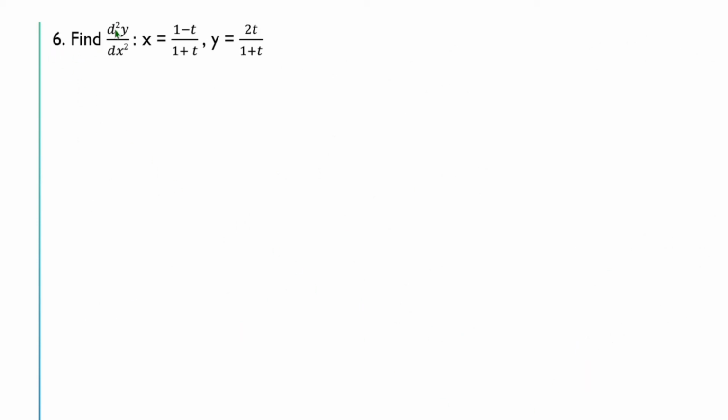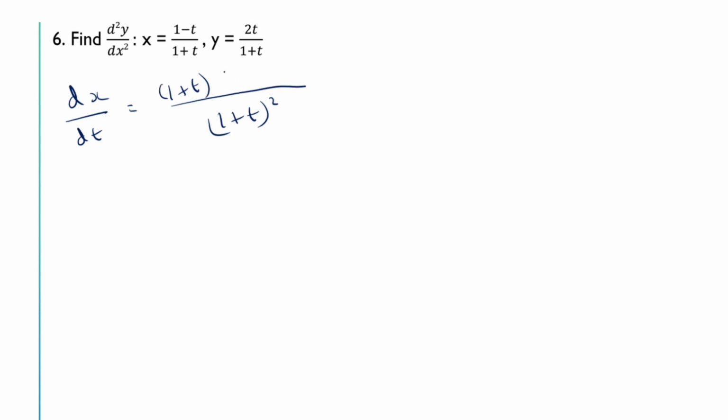Next question, find d square y by dx square when x is equal to 1 minus t by 1 plus t and y is equal to 2t by 1 plus t. So first we will calculate dx by dt. Dx by dt is denominator 1 plus t the whole square.